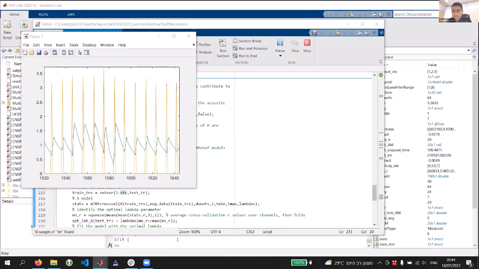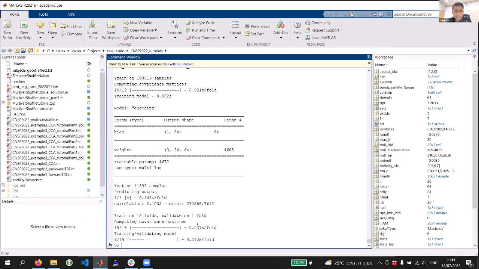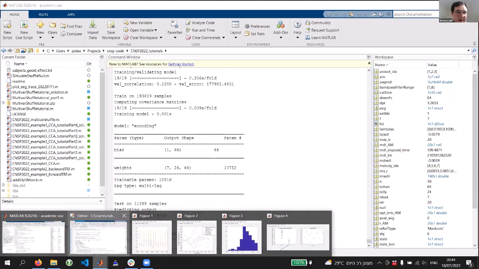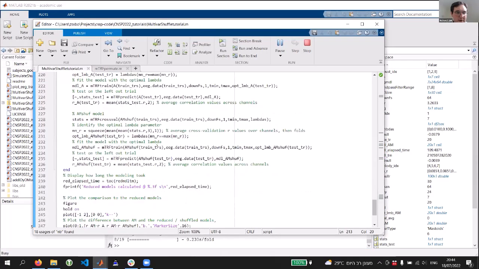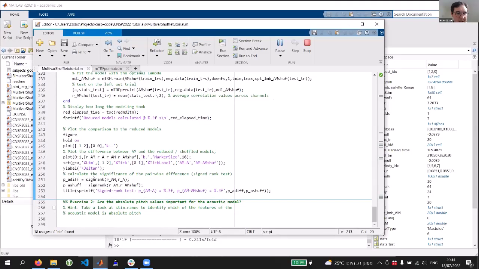Thanks. So what I'm doing here is fitting two models. So this takes a little bit longer. But what I want to show when this is done is the comparison between each of these models.